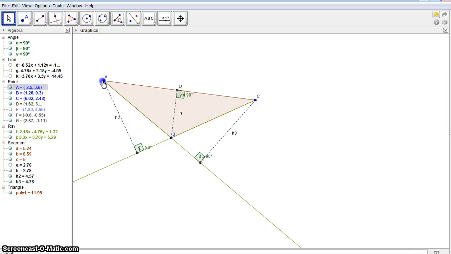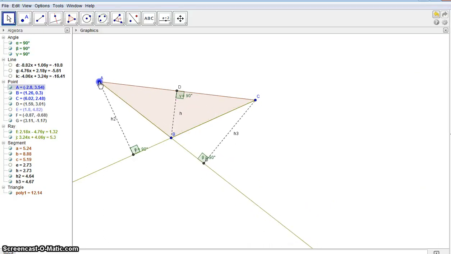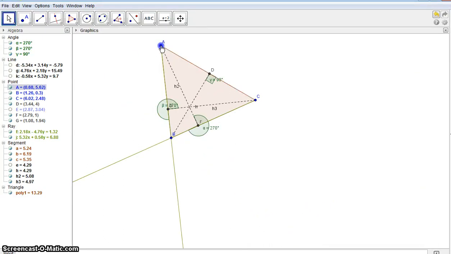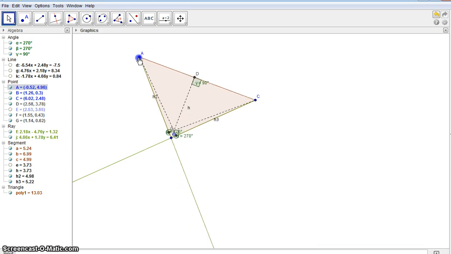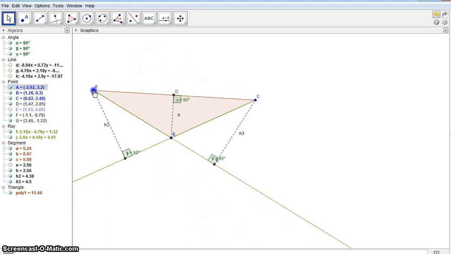The altitudes will remain perpendicular to the lines containing the opposite sides, whether they're acute, whether they're right, or whether they're obtuse. This is a big deal, so practice drawing this triangle by extending the lines and by using a note card or some other corner to ensure you have a perpendicular relationship with the opposite side.